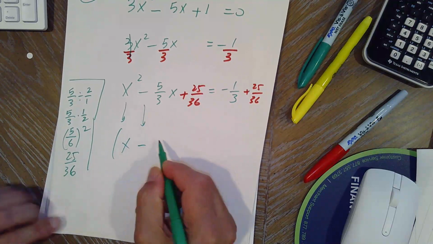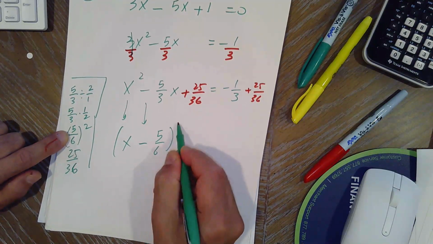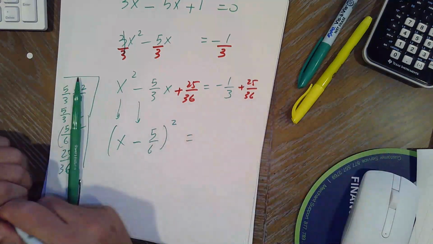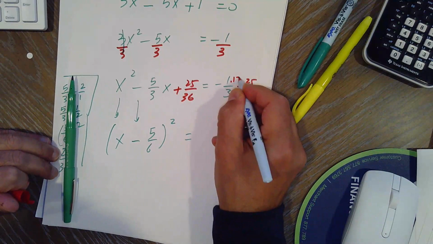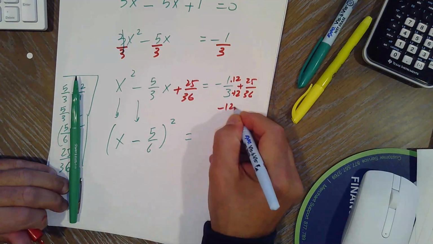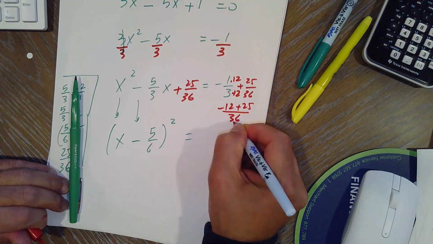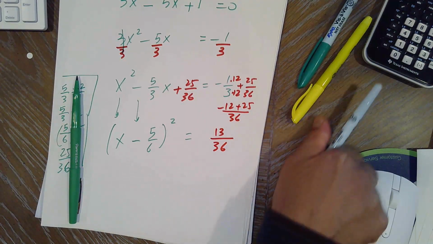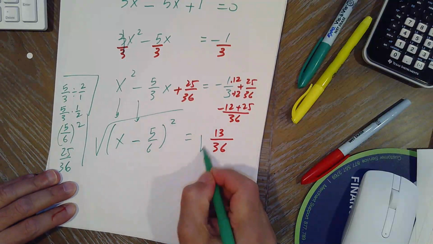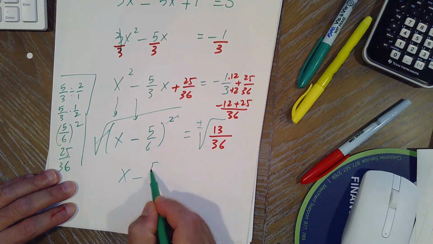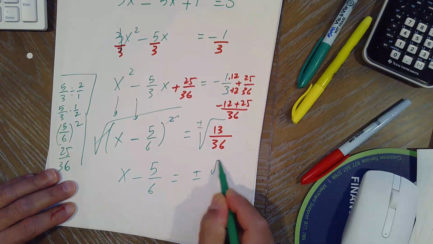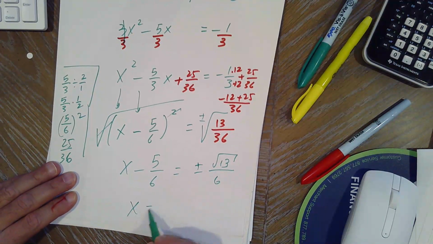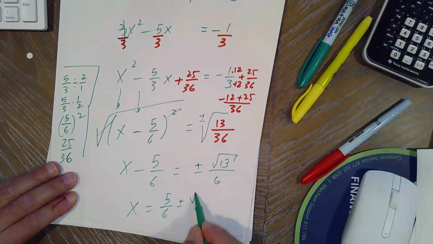X minus 5 over 6 squared equals, to add these two, we get a times the first fraction by 12 to get 36 at the bottom. So we get negative 12 plus 25 all over 36, which is 13 over 36. Square rooted, x minus 5/6 equals plus or minus root 13 over root 36, which is 6. Add 5/6, and there's the answer.